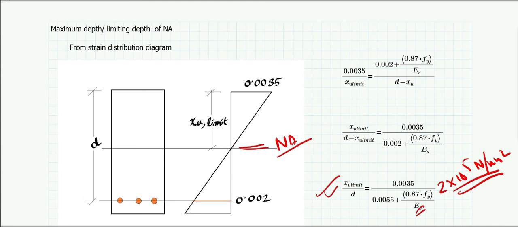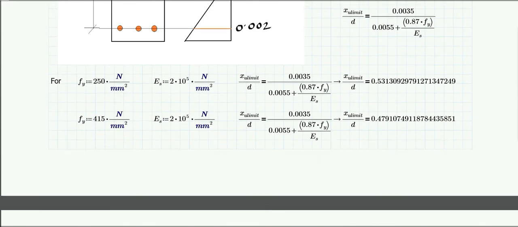Suppose Fy is 250 Newton per mm square, then the xu limit by d value can be found to be 0.531. And if Fy is 415 grade, Fe 415, then the value is 0.47.